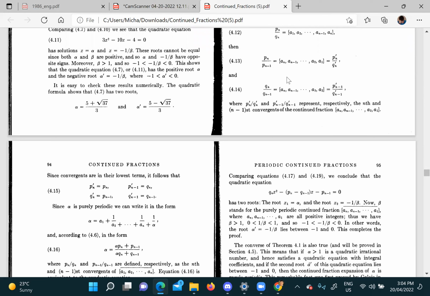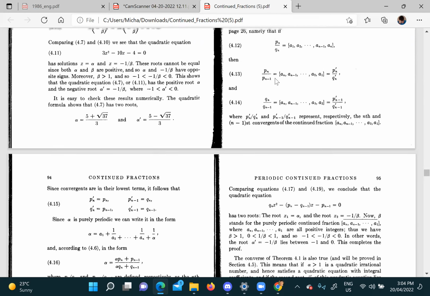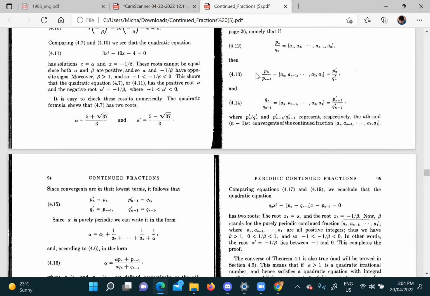They all have a common factor then. Wait, what's co-prime? It means they have no common factors apart from one. Is Pn co-prime to Pn minus 1? Yes. Why is that? I think it's done by induction, using the recurrence.